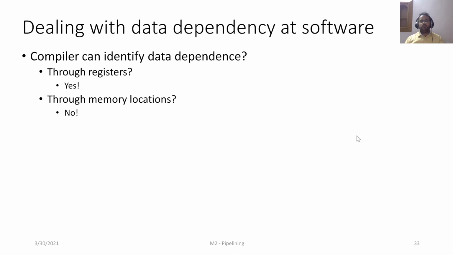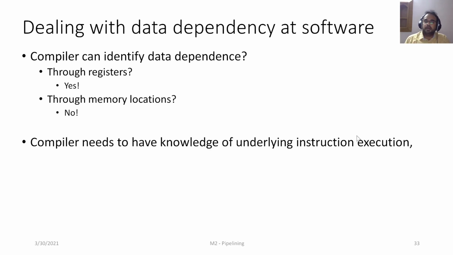So let's see what we can do for the possibility that there is a data dependence through registers. In order to do anything, the compiler needs to have a deeper knowledge of the underlying instruction execution. So what we understood in module 1 was that the compiler has complete understanding of the ISA, right? Now we'll expect some more knowledge, specifically whether the compiler knows that the underlying hardware has implemented pipelining or not, right?